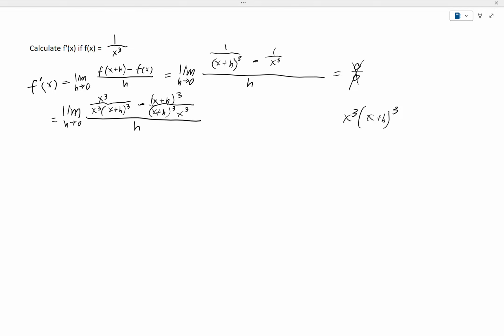Now you can see how these have a common denominator. And we can also just move this denominator to the very bottom of the fraction here, just to make it look even simpler.